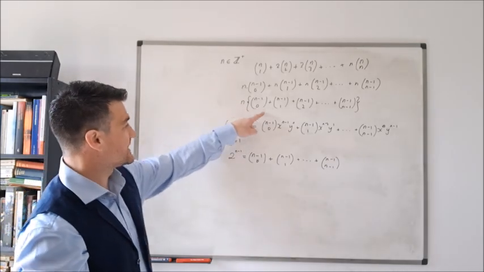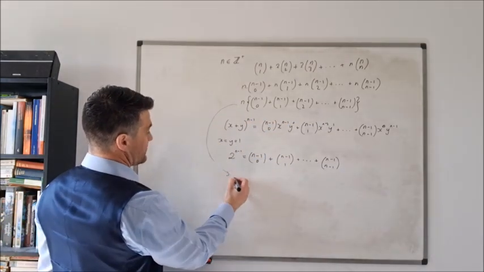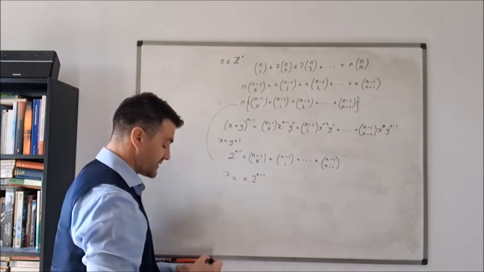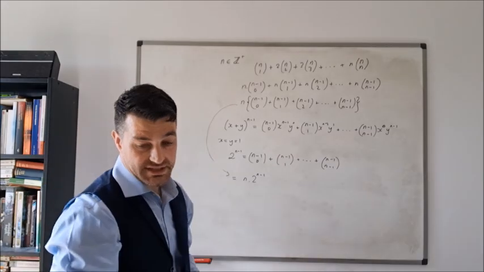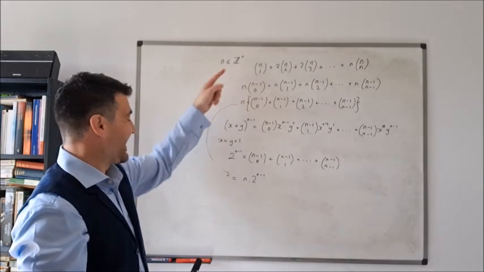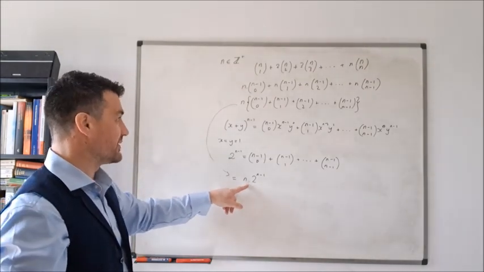Great. That's exactly what I've got here. So this is equal to n times 2 to the power of n minus 1. And when it says simplify the following sum, I think that's what we need. I can't really get much simpler than that.